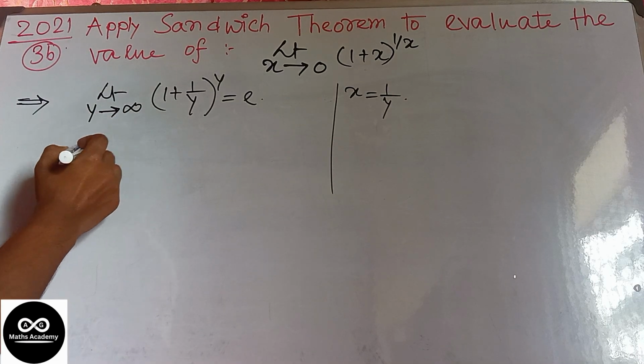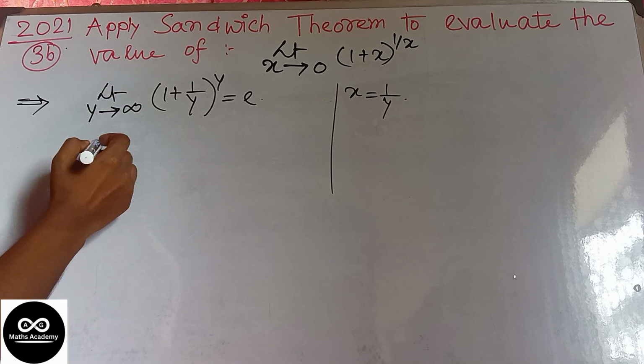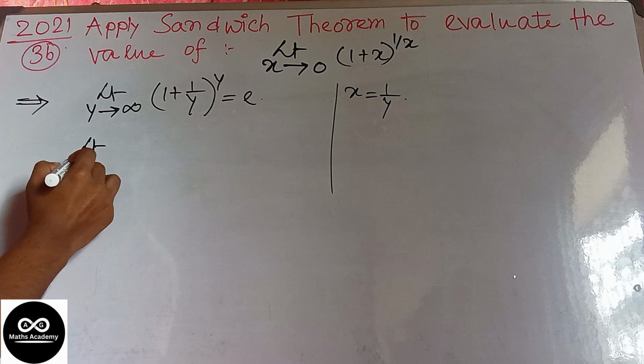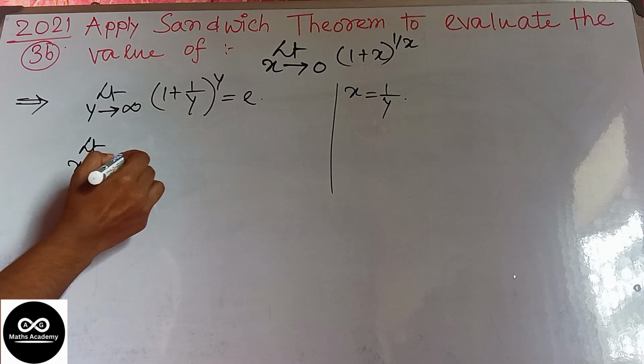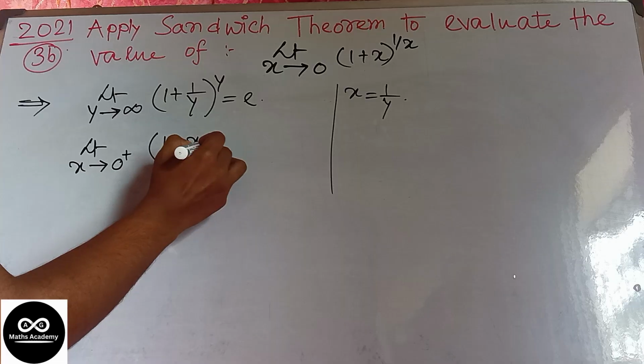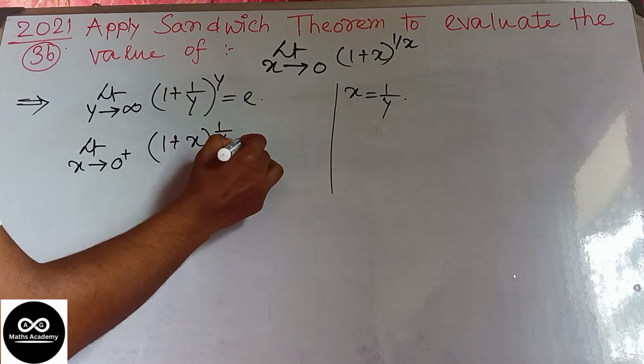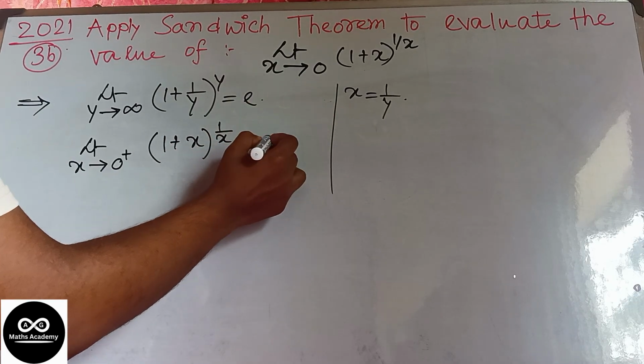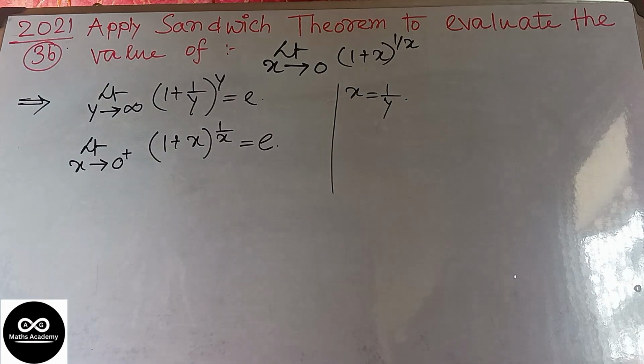So this will be the limit as x tends to 0 plus, equal to e. So we get the right hand limit.